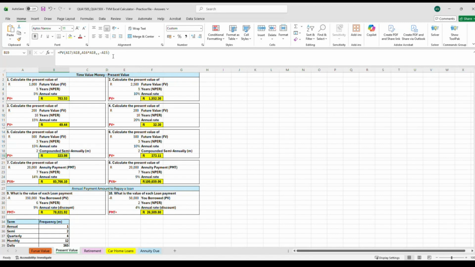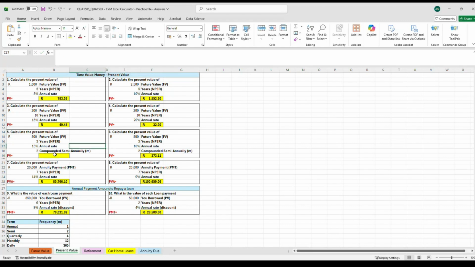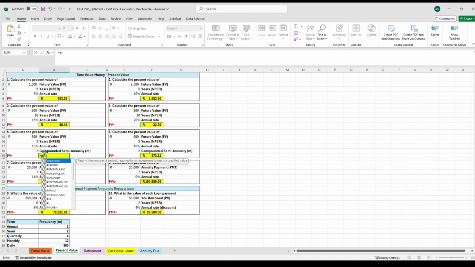Then we go back to compounding, which we spoke about earlier. So always with compounding, start with the normal formula before you bring in the compounding frequency. So here we are doing PV as well. So I'm going to start with a normal formula. Select rate, comma, NPER, comma, it says PMT.